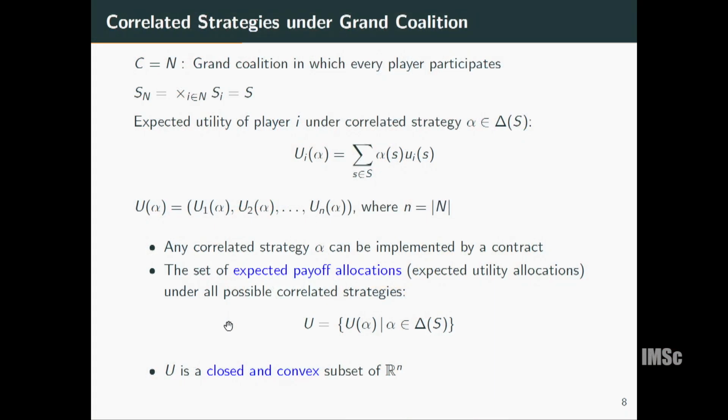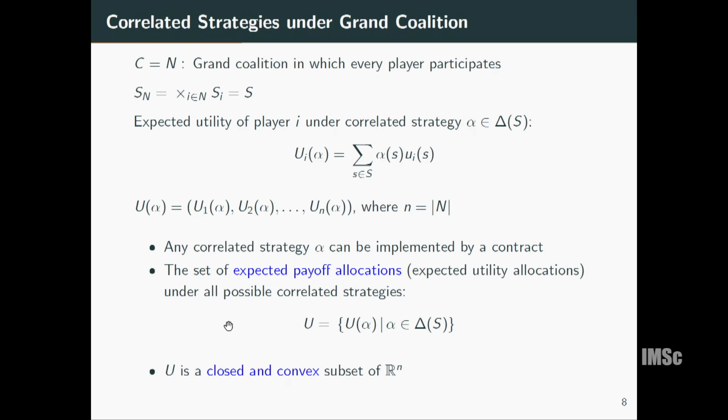If you really think about utility, first of all, utility is a linear function. It's just the expectation, right? So if you have two correlated strategies, alpha 1 and alpha 2, you will have expected utilities corresponding to alpha 1 and alpha 2. Both of them will lie in your set, okay.